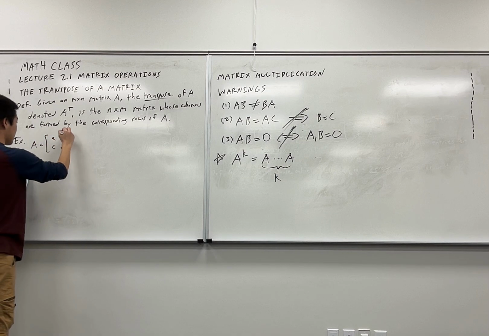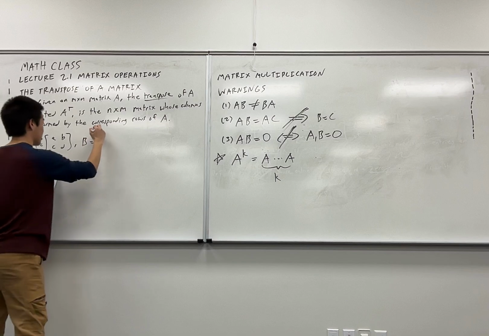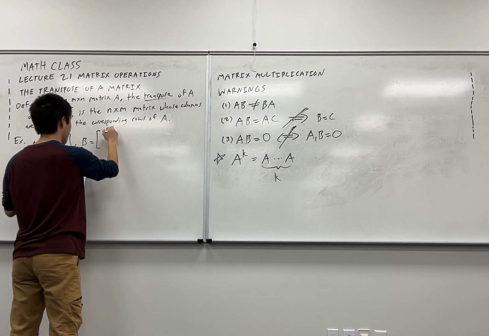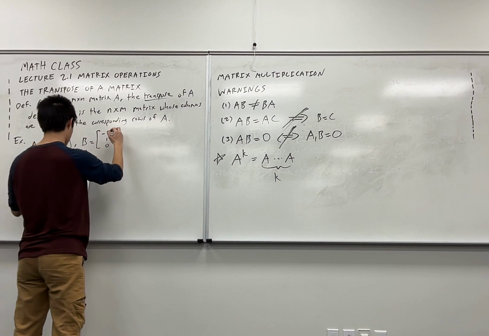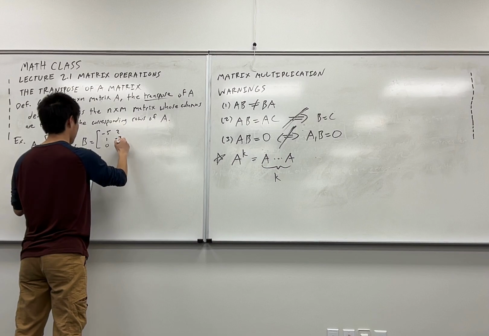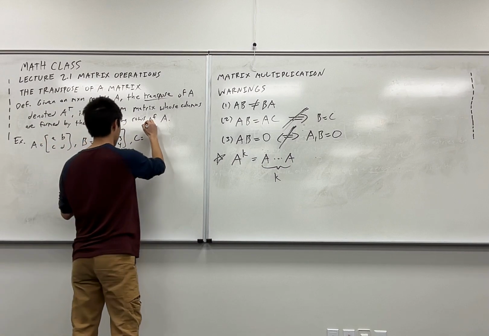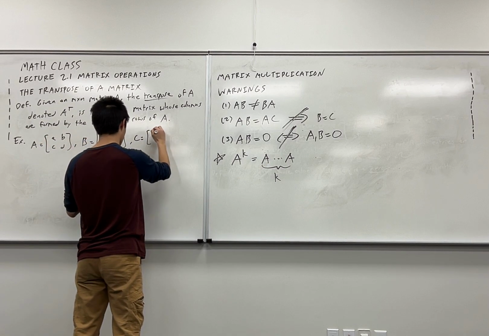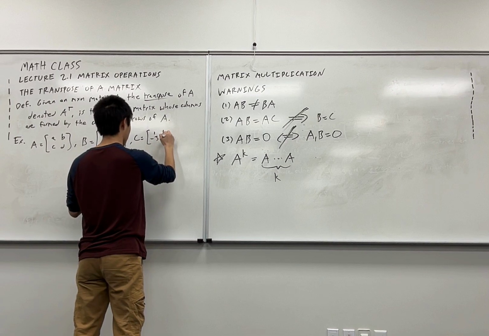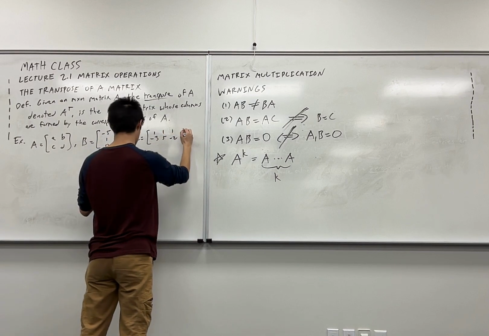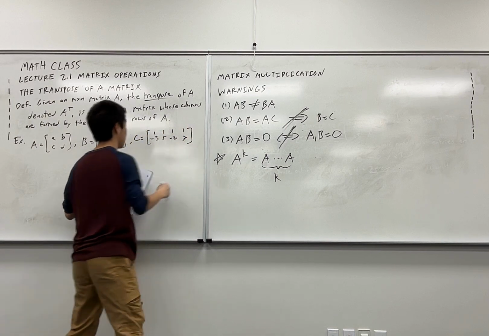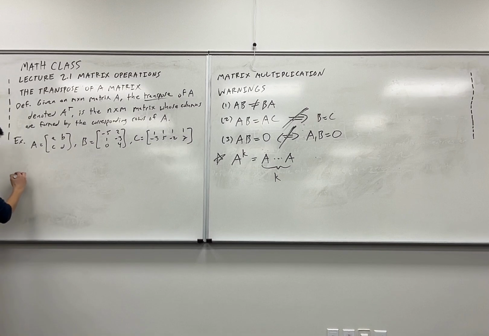A, B, C, D. I'll just define a few here and we can work on them. Minus 5, 1, 0, 2, minus 3, 4. 1 minus 3, 1, 5, 1 minus 2, 1, 7. Okay. So, for the transpose of A, let's take the first row.